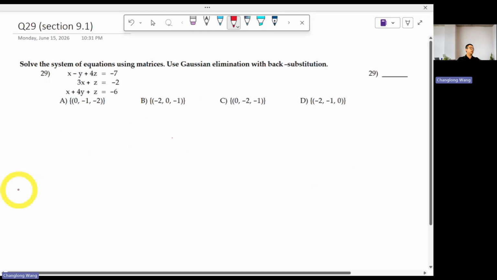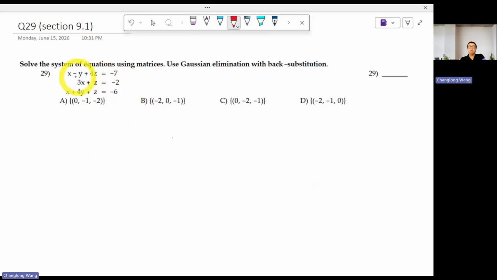All right, so now let's take a look at the questions from chapter 9, which are matrices. So we have a system of 3 linear equations and 3 variables, and I want to use Gaussian elimination and back substitution to find the solution.